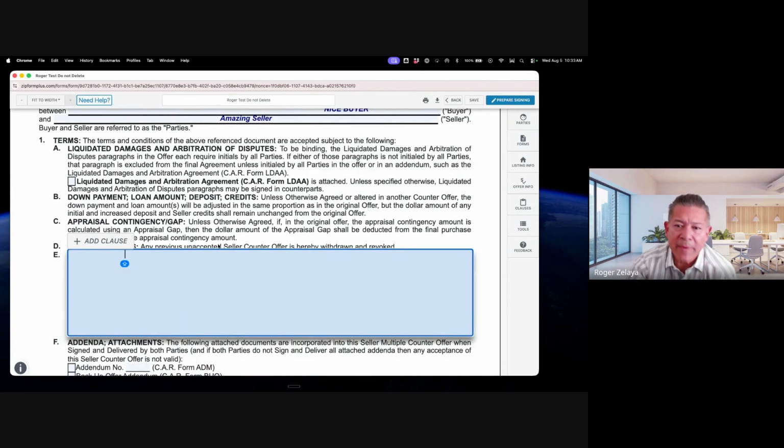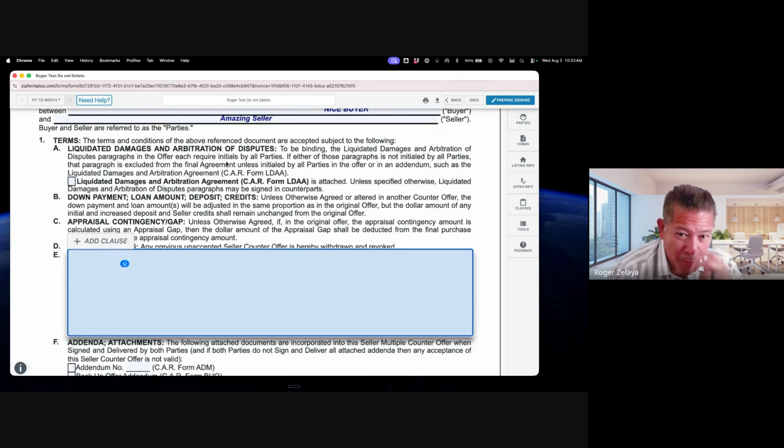On here, the liquidated damages and arbitration disputes form is something you only use if, on the offer that you received, the liquidated damages was not initialed by the buyer, because now we're listing agents.